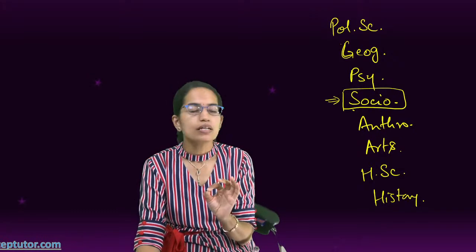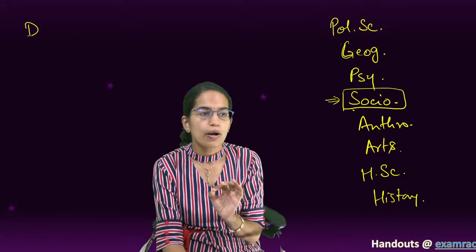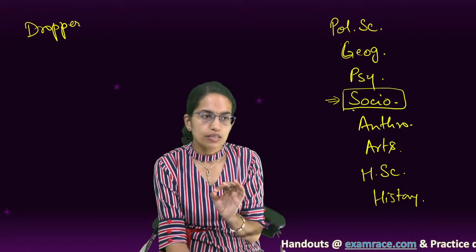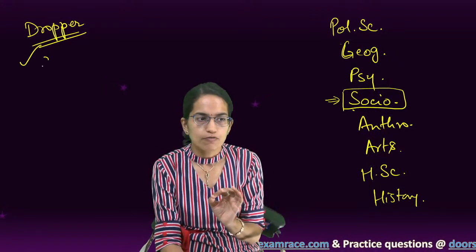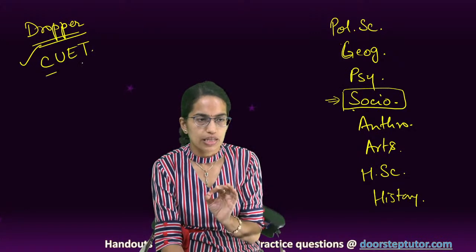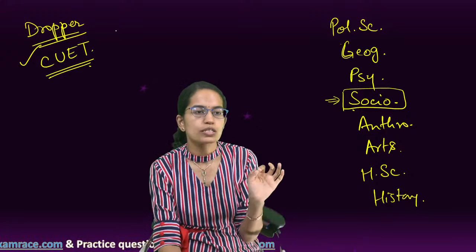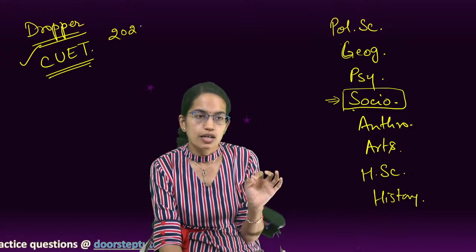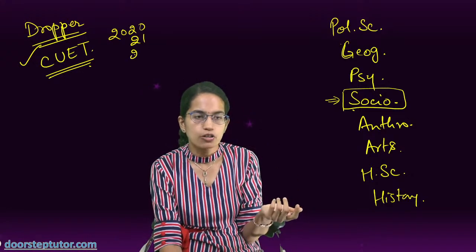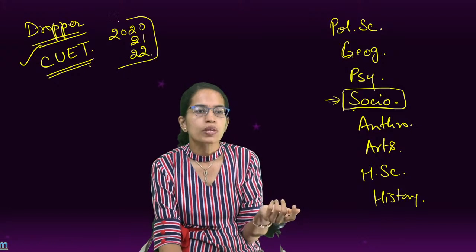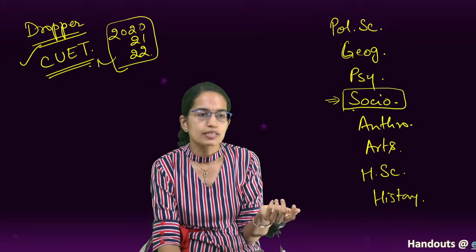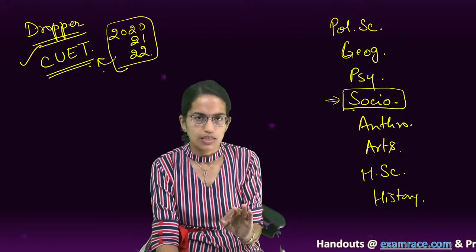Thanks, Gamer. The next question that we commonly hear is, what about droppers? As we mentioned before, droppers can appear for the CUET entrance examination. All the central universities would be taking admission through this. So if you have appeared, let's say in 2020, 2021, or if you are appearing in 2022, all of these candidates would be eligible to apply for the CUET examination.